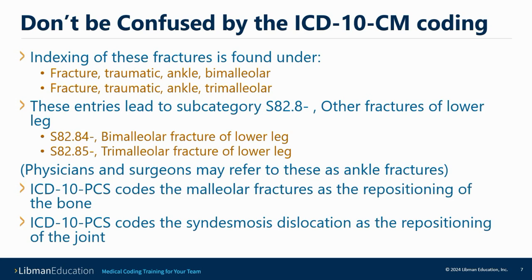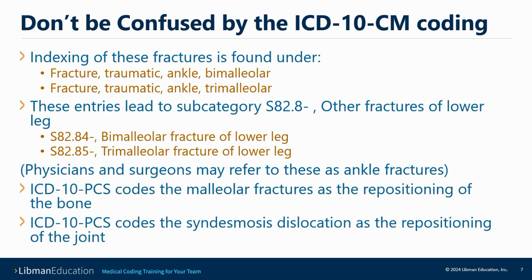The diagnosis code indexing for malleolar fractures is unusual and a little bit misleading. The index refers to these as fractures of the ankle under fracture, traumatic, ankle, and then either the bimalleolar or trimalleolar fracture. Yet the index entries lead you to a code that correctly describes these as lower leg fractures.